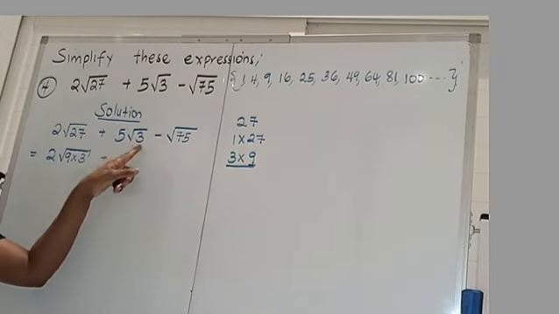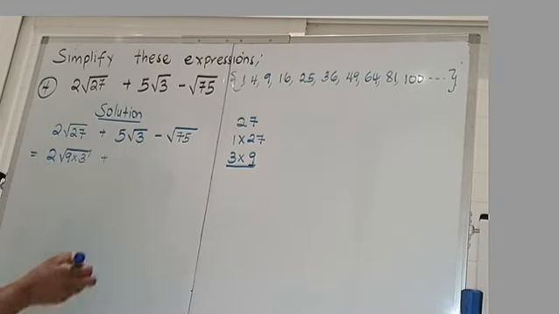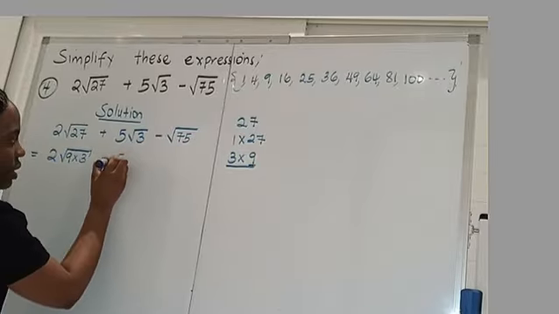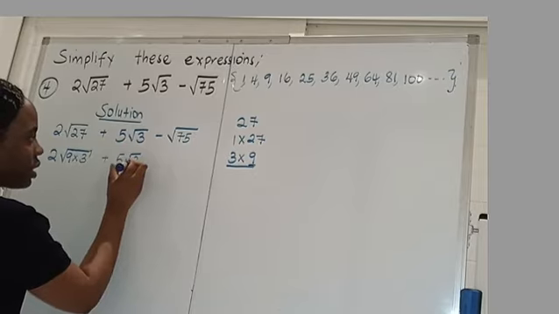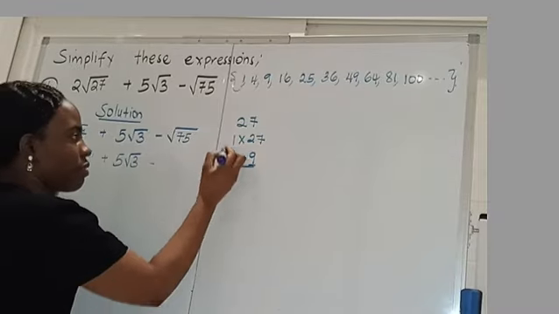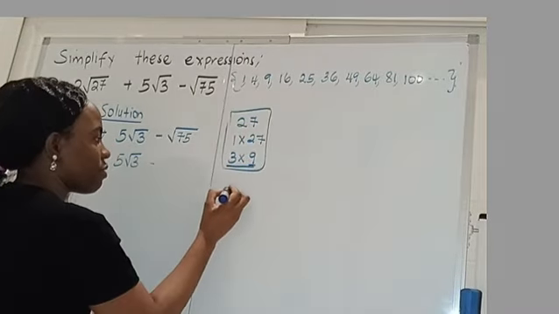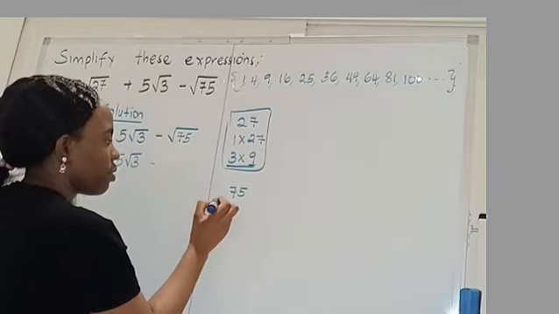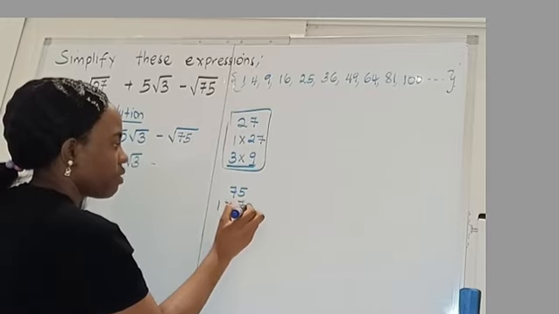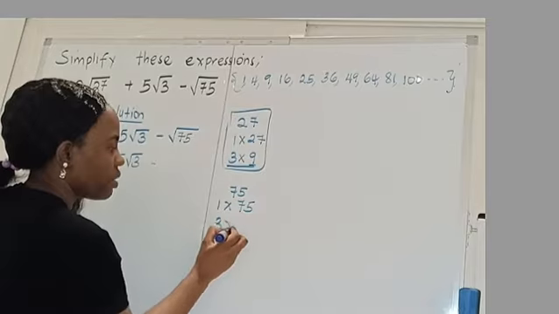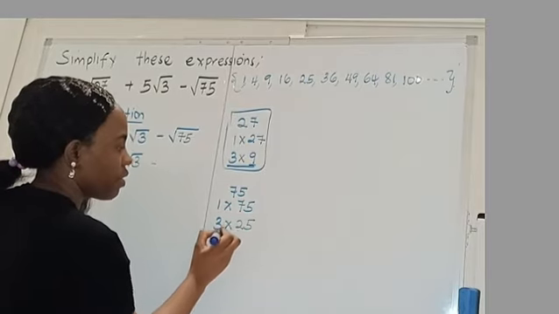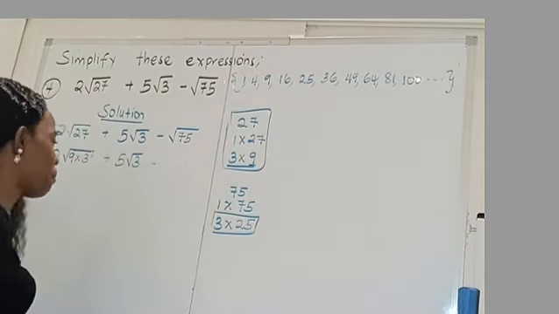Root 3 is already simplified, so you write it the way it is, that is 5 root 3, minus, what are the factors of 75? 75, you have 1 times 75, then we have 3 times 25. So I'm going to take this one here.